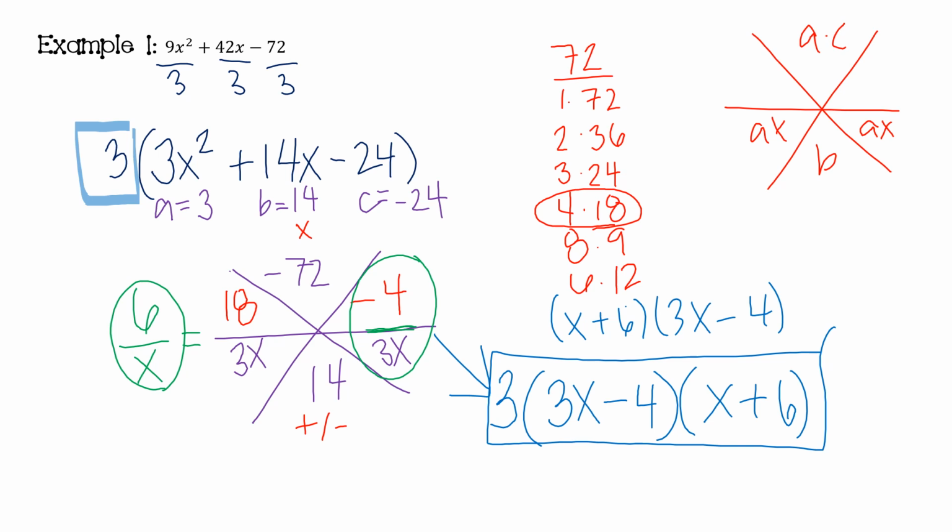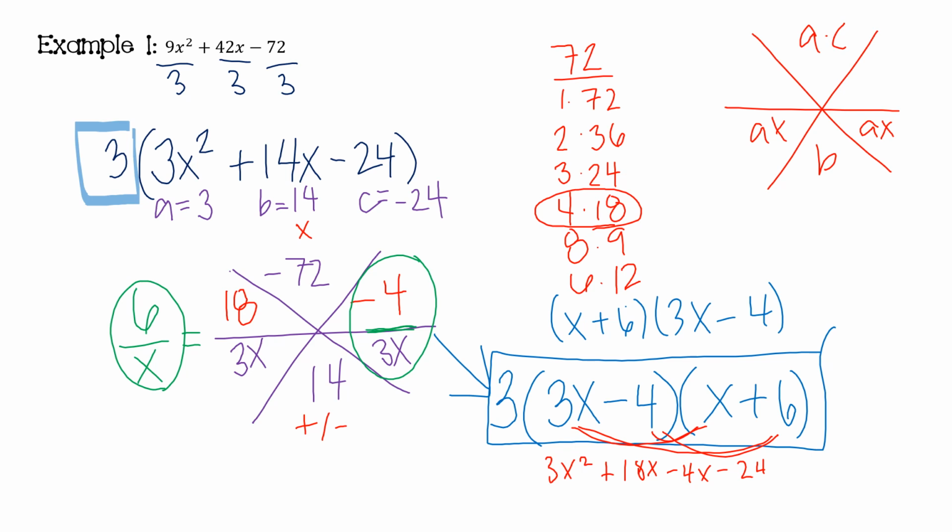So just real quick to check this, if I FOIL, I would be multiplying 3x times x, so 3x squared, plus 18x, minus 4x, minus 24.